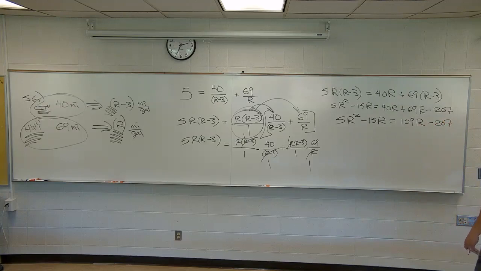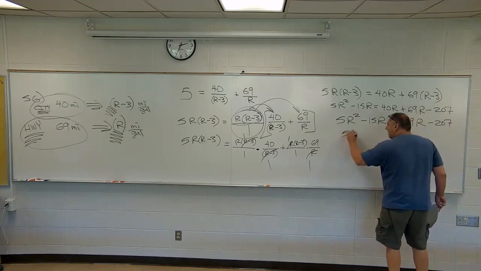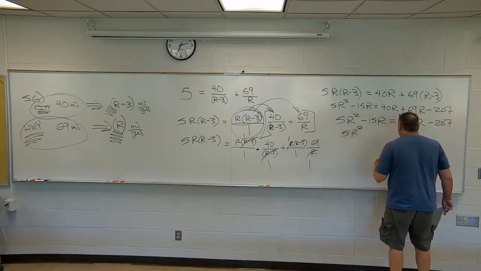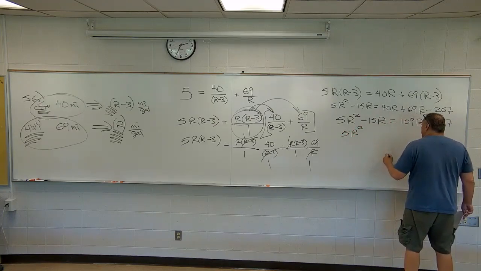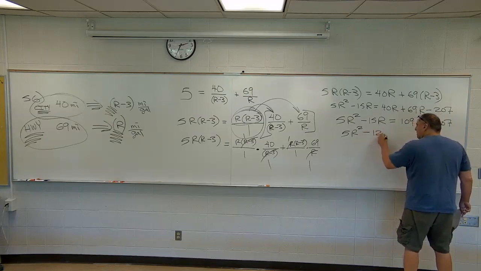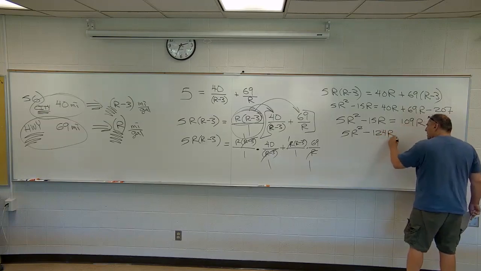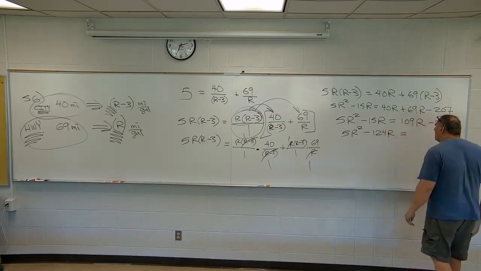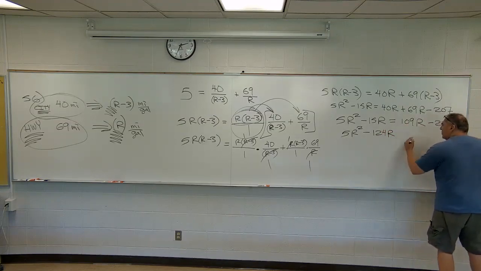Yeah, it's looking good. Let me bring this guy over here. Minus, let's see what we got here, guys. Let me add a negative 109R on each side. 207's right here.